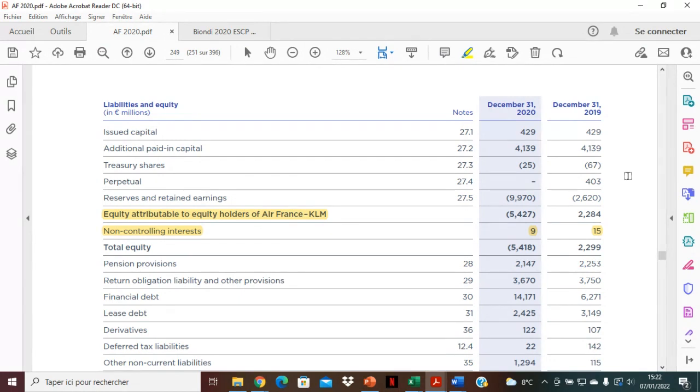Compared to maybe another company where non-controlling interests are very high compared to equity provided to the parent company. Some people are writing.